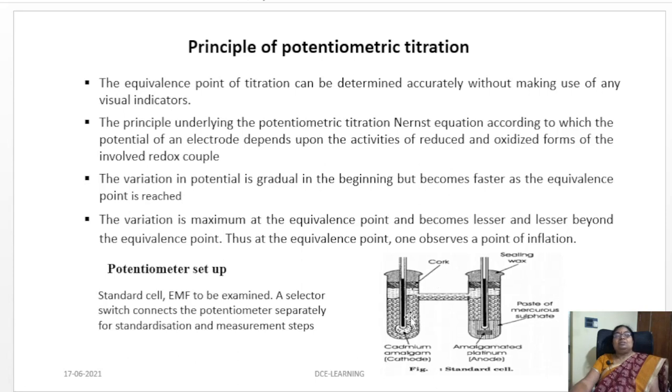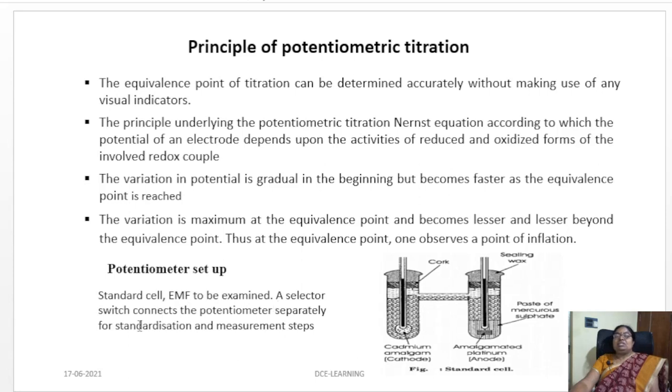In addition, one of the essential qualities is that its EMF should have a low temperature coefficient, and its EMF value at 20 degrees centigrade is E equal to 1.0183 volts. This is connected to the potentiometer, then the EMF to be examined.